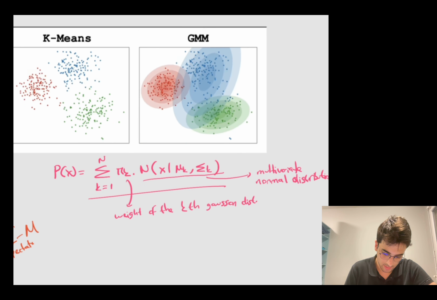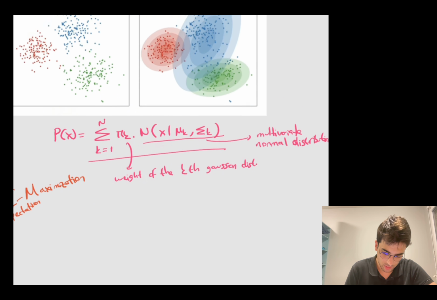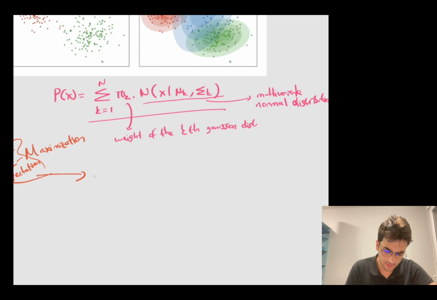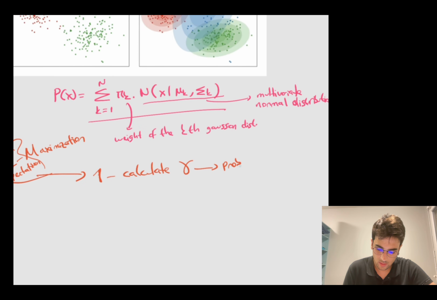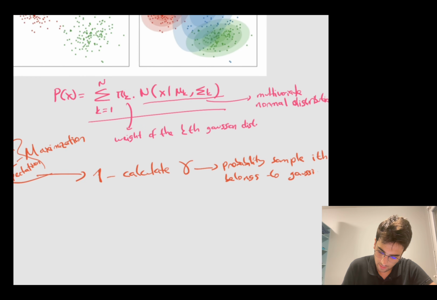At the expectation step, which is the first one, you calculate gamma, which is the probability that sample ith belongs to Gaussian kth.